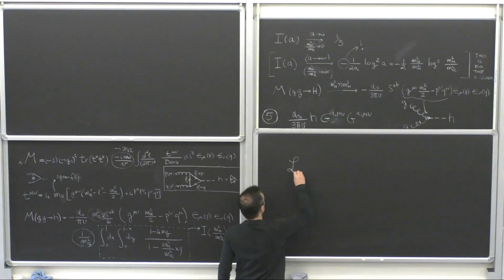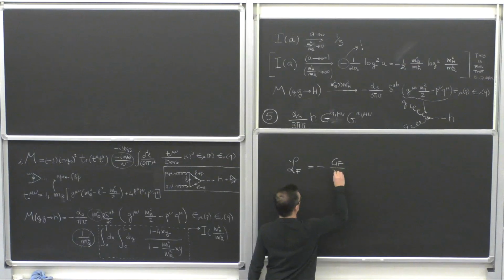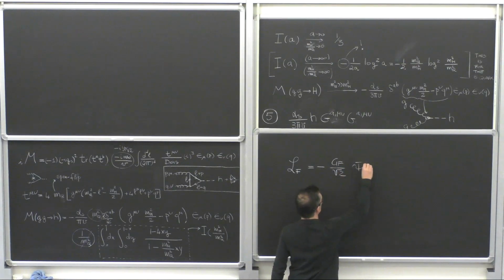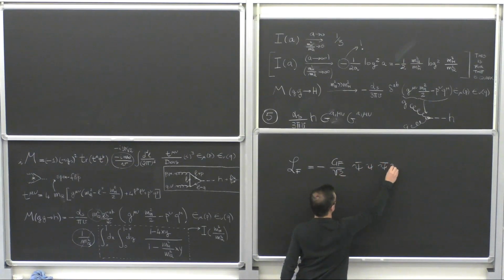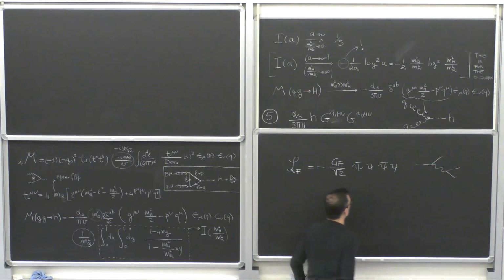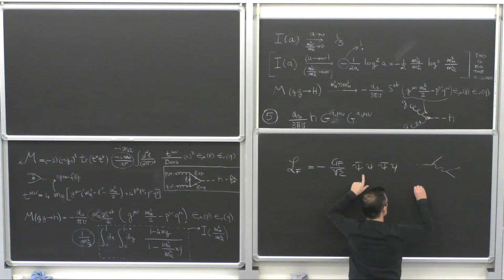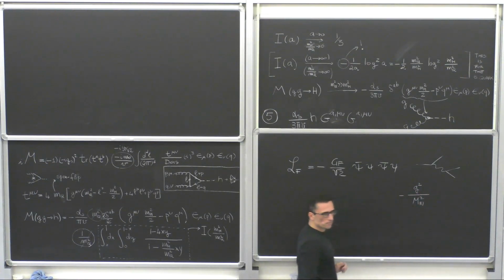So let me do again what was mentioned at the beginning. If you take Fermi theory, you have GF over square root of 2, and then a 4 fermion operator, where you have the W here. So at low energy, the standard model process looks like the effective field theory. We said this already. And this thing here is minus G squared over MW squared.